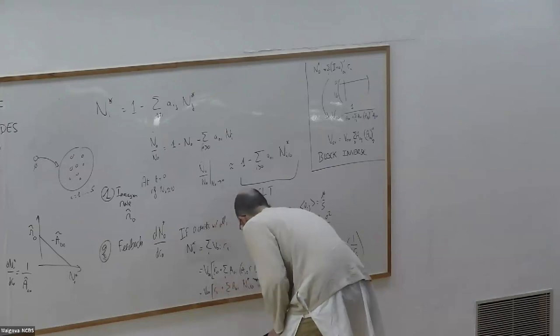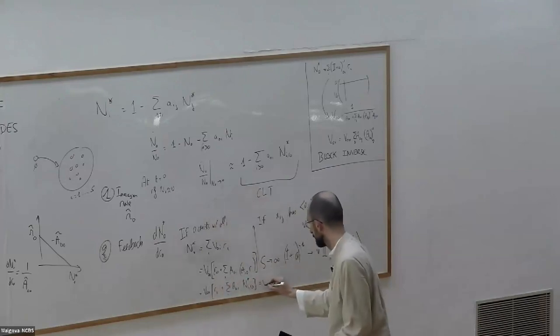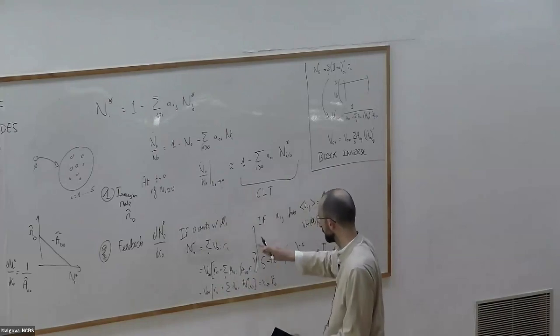And so we're back to, this is equal to V00 times the R tilde 0 that I computed before.